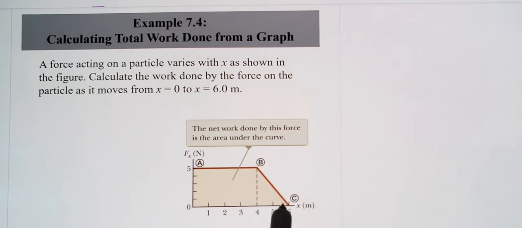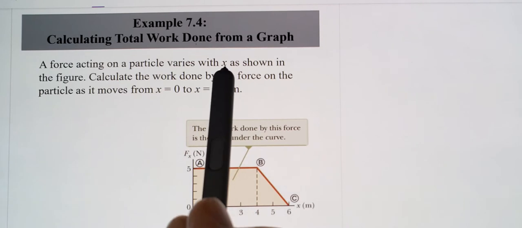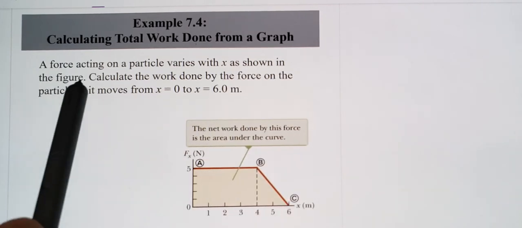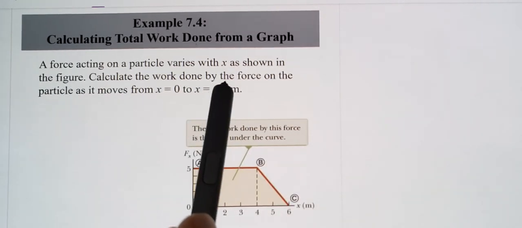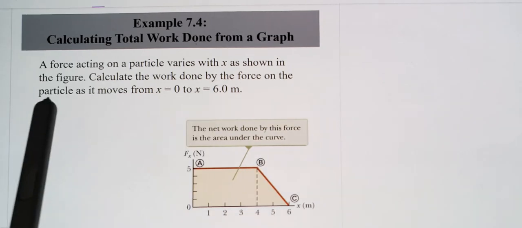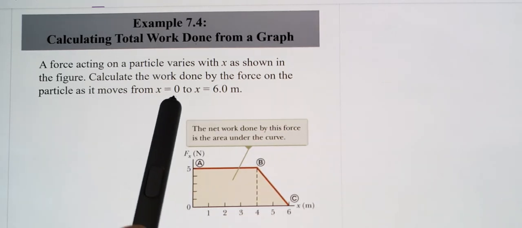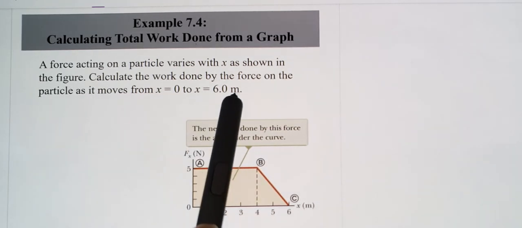It will go to 0 from 4 to 6 meters. As shown, calculate the work done by the force on the particle as it moves from x equals 0 to x equals 6.